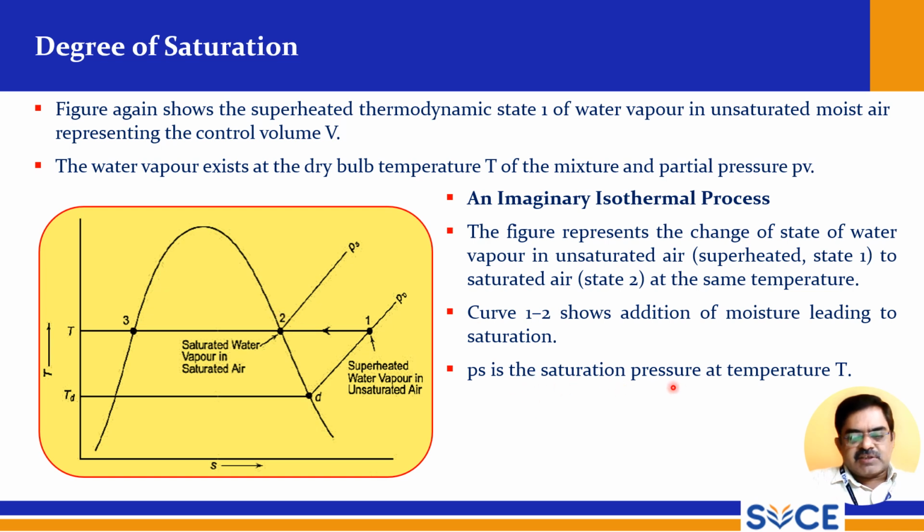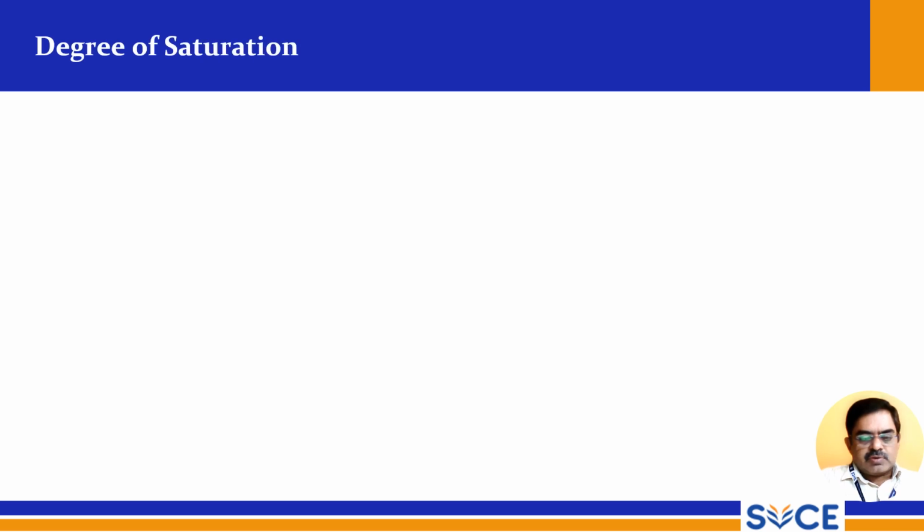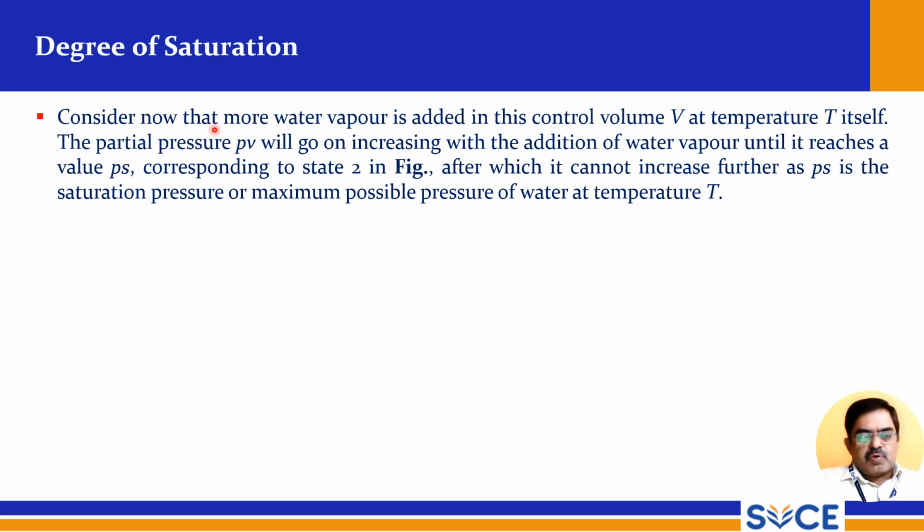PS is the saturation pressure at T. Now consider that more water vapor is added in this control volume V at the temperature T itself. The partial pressure PV, the lower curve in the diagram, will go on increasing with addition of water vapor until it reaches the value PS corresponding to state 2 in the figure.